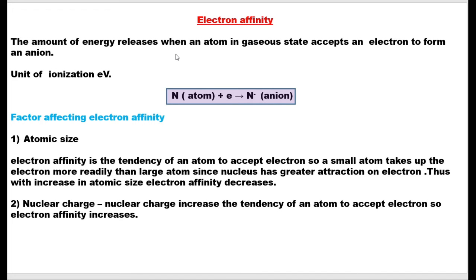Just as we discussed the factors influencing ionization potential, here also we will discuss the factors which affect the electron affinity. The first factor is the atomic size. If an atom is smaller in size, it will have more tendency to accept an electron. Why?